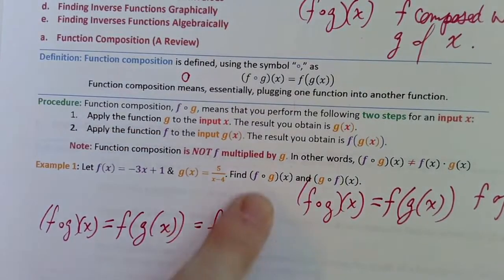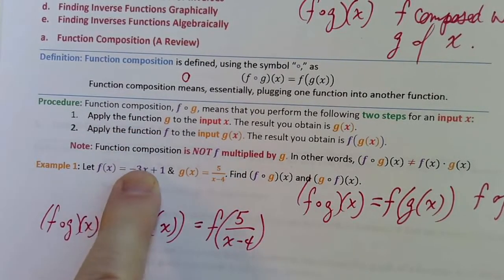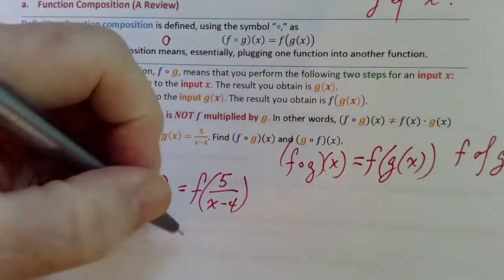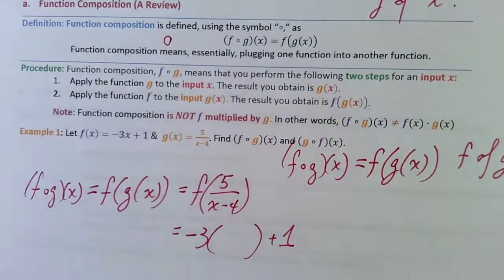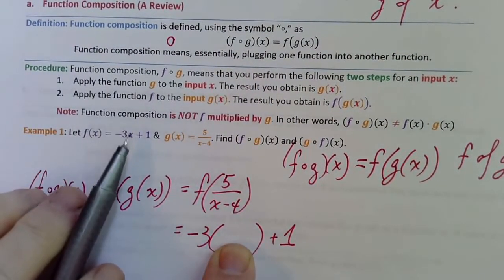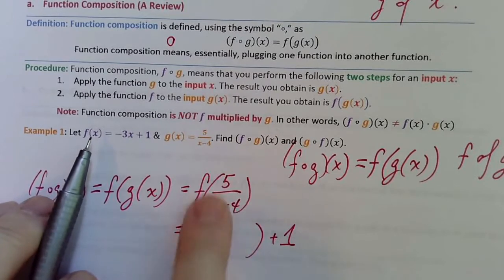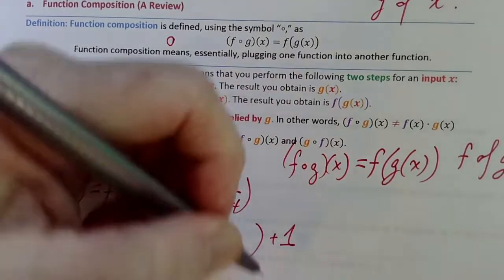And now let's write down the formula that we have for f. We have f of x is negative 3x plus 1. But instead of x, we're going to put 5 over x minus 4.